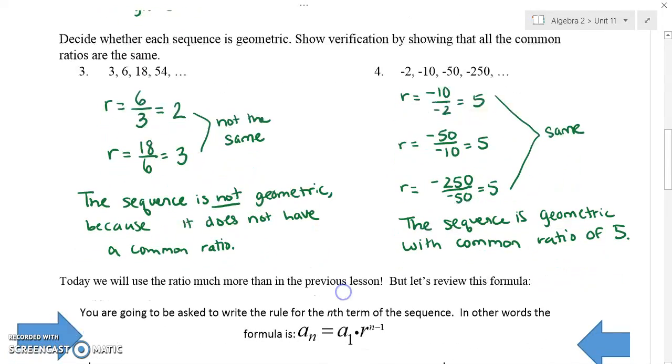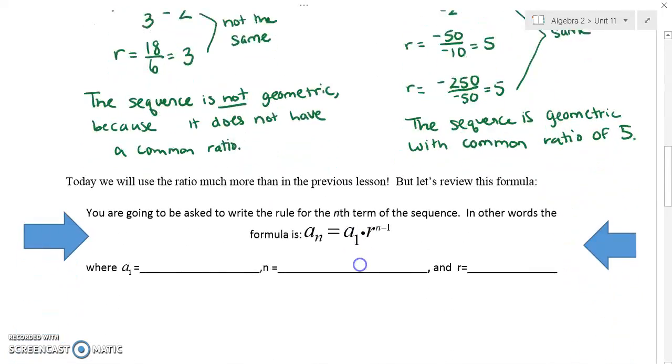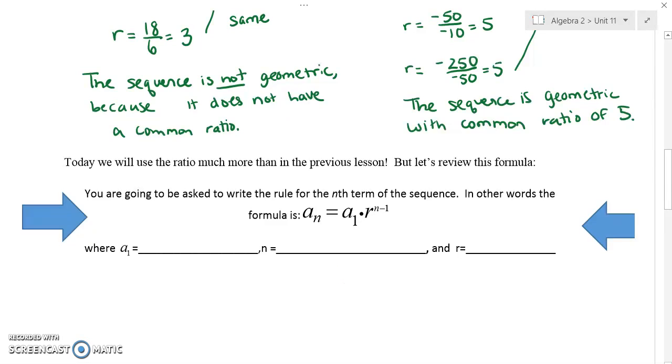All right. So today we're going to do a little bit of work. We're going to talk about ratios much more than in previous lessons. We're going to solve for different components of the equations. Let's really quickly share. So this equation is only used if it's geometric. If it's not geometric, I cannot use it. So this is a geometric formula.